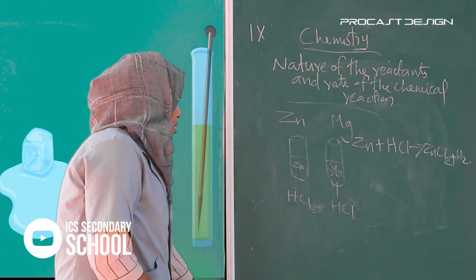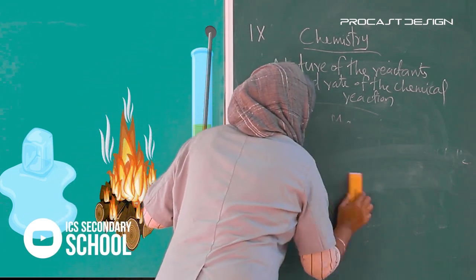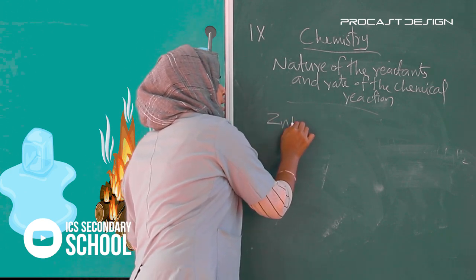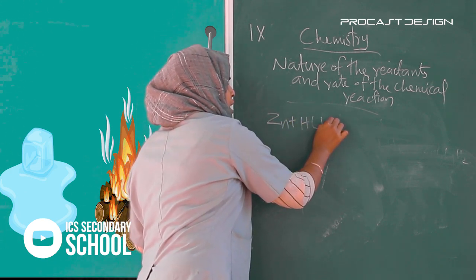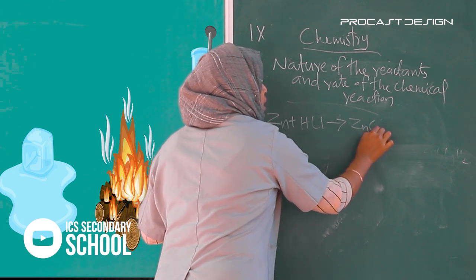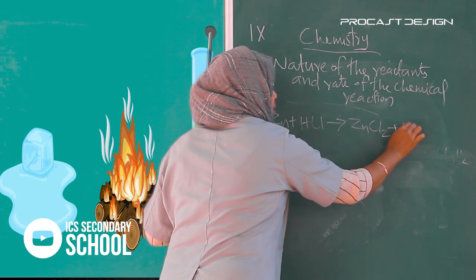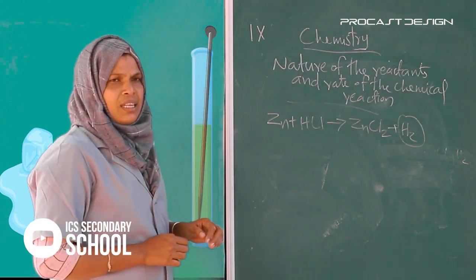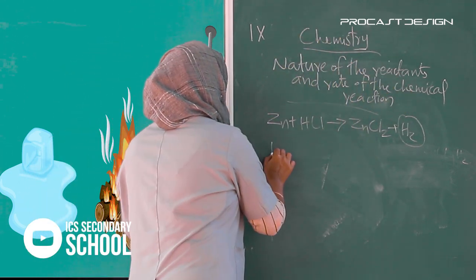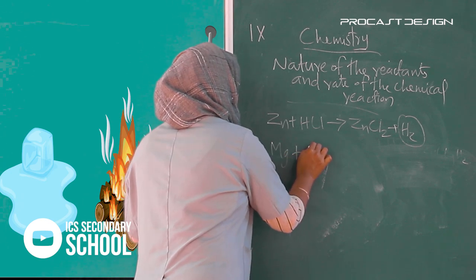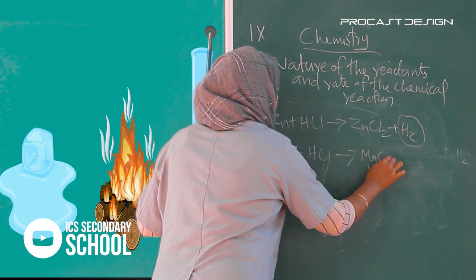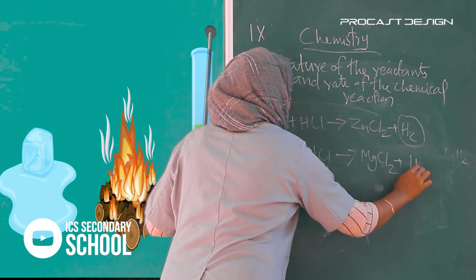Here, listen here, zinc reacts with HCl to form zinc chloride and hydrogen. Hydrogen gas is evolved during this reaction. Also, in the case of magnesium, it reacts with the HCl to form magnesium chloride plus hydrogen.